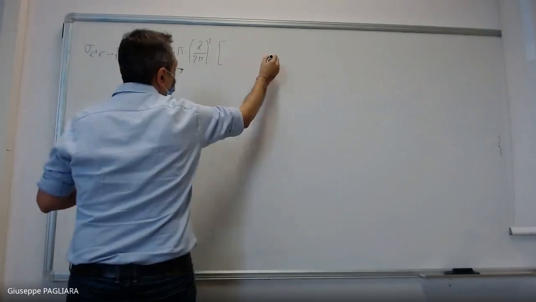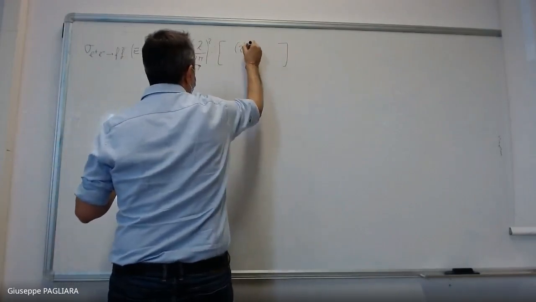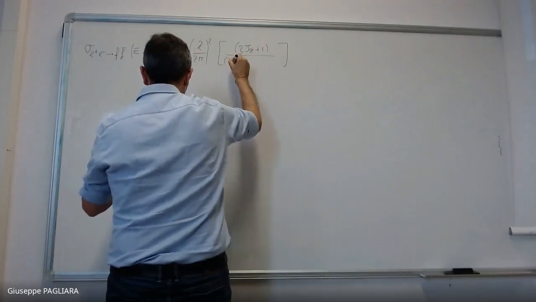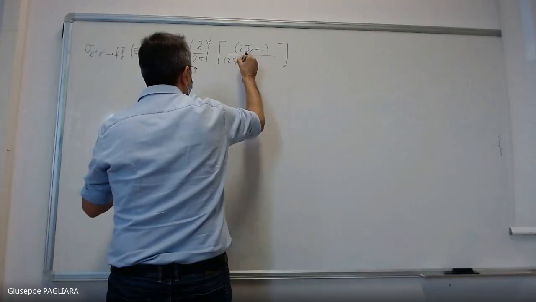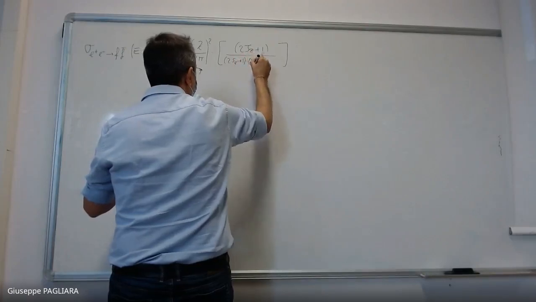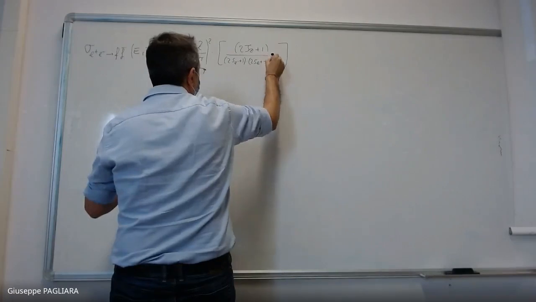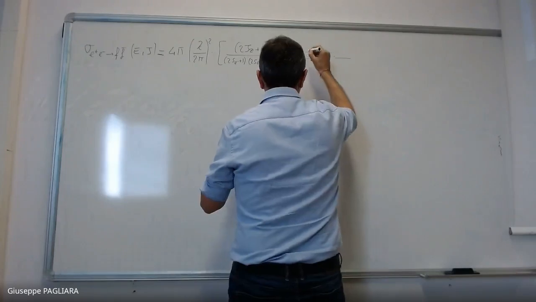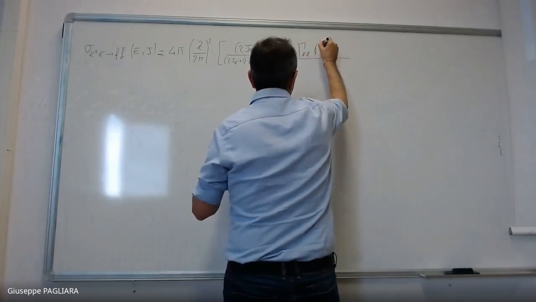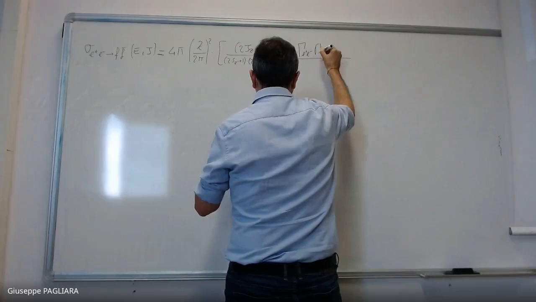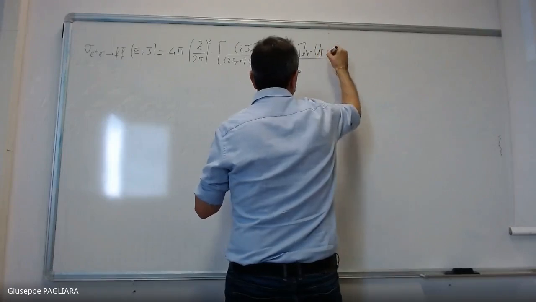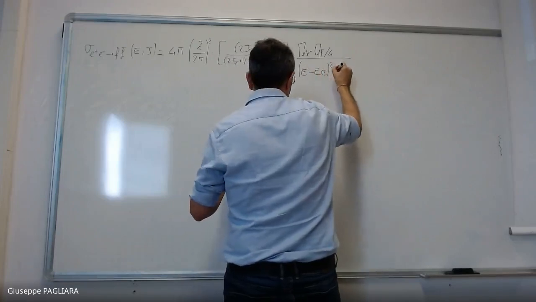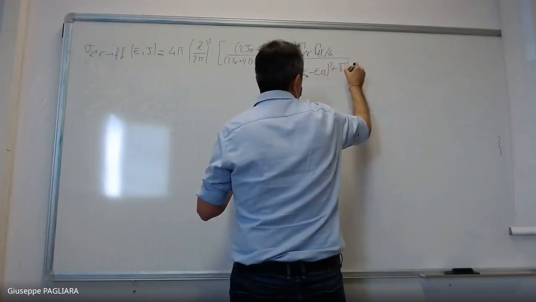Then we have the angular momentum multiplicity, so it's 2J plus 1, divided by twice the spin of the electron plus 1 times twice the spin of the positron plus 1. And then we have the Breit-Wigner dependence, with the final state fermion, and then E minus ER squared plus gamma squared over 4.